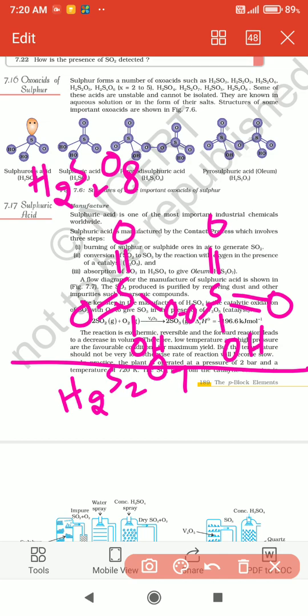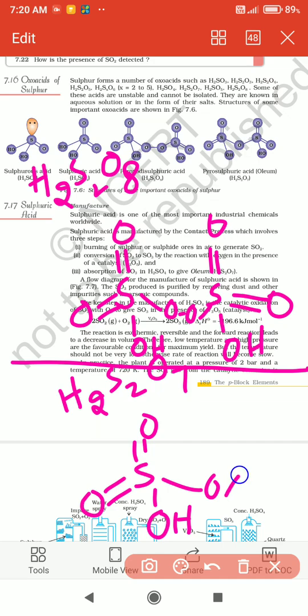Next, see H2S2O7. Double bond O, OH, single bond oxygen, sulfur, double bond O, OH, double bond O is present. The major difference between H2S2O8 and H2S2O7 is just one oxygen atom.